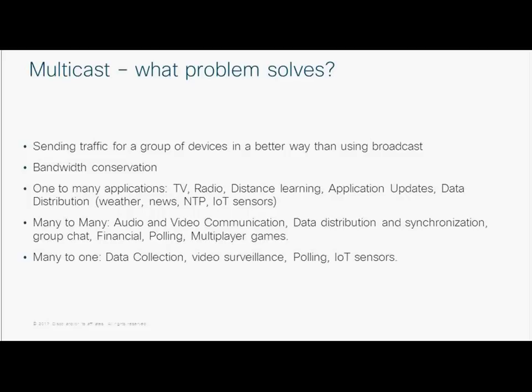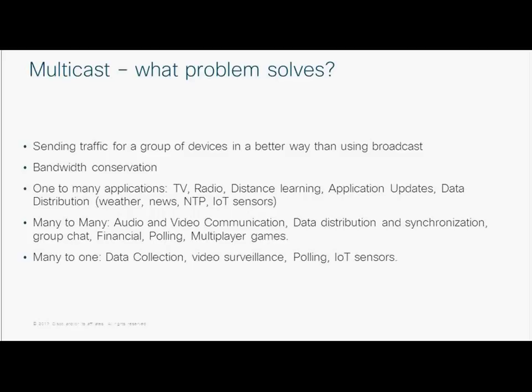So, well, that's why we need many-to-many and many-to-one, like data collection, video surveillance, polling, IoT sensors. Here, a good example is video surveillance. When we have a big amount of cameras in the network, all the cameras are sending the video stream using a multicast group, right?